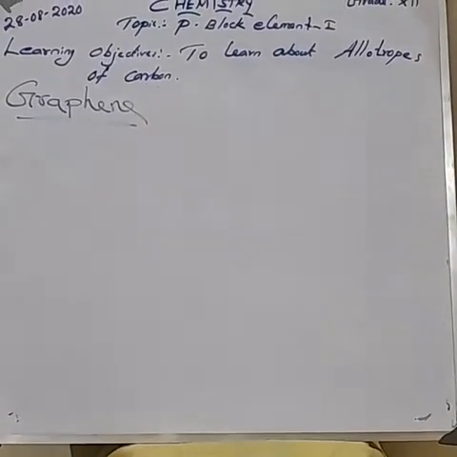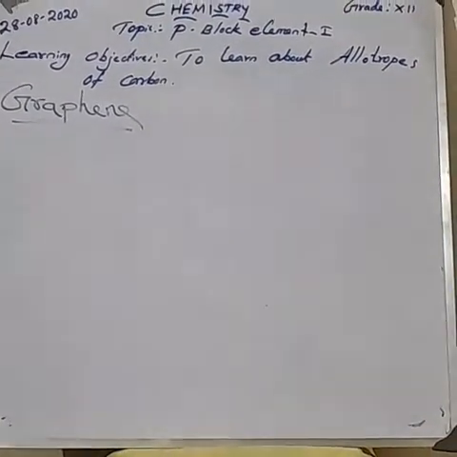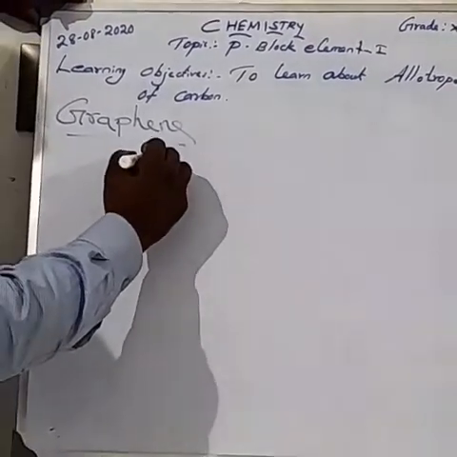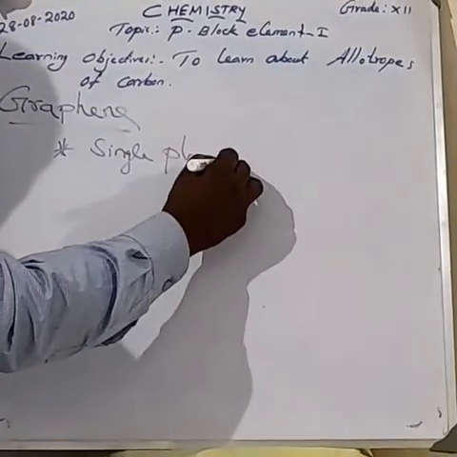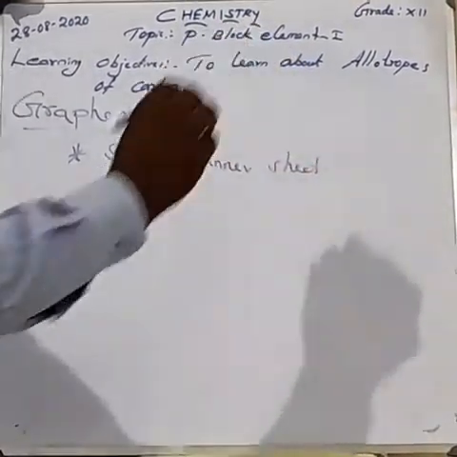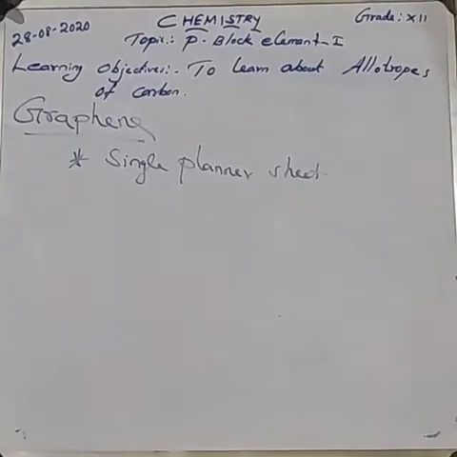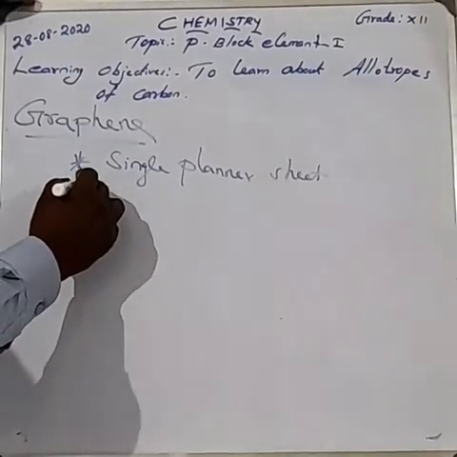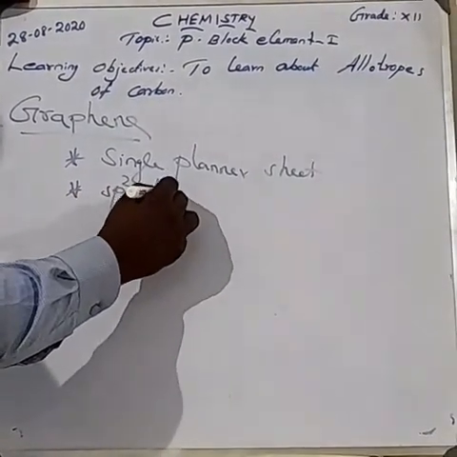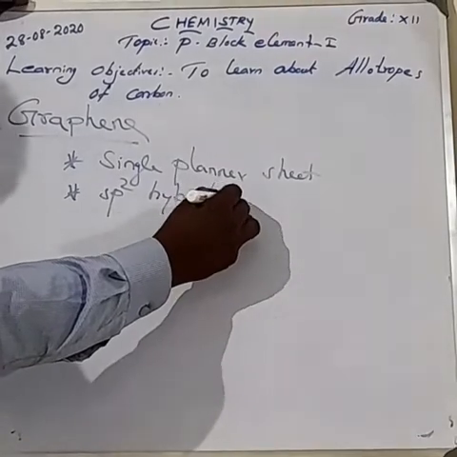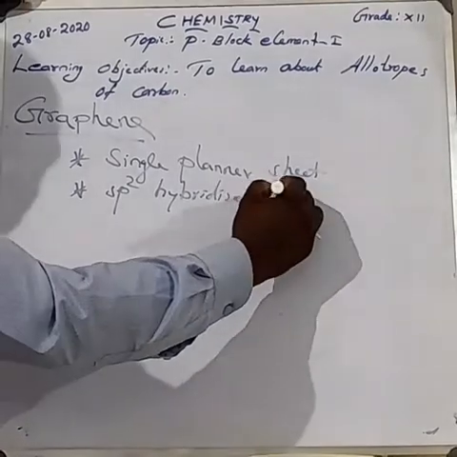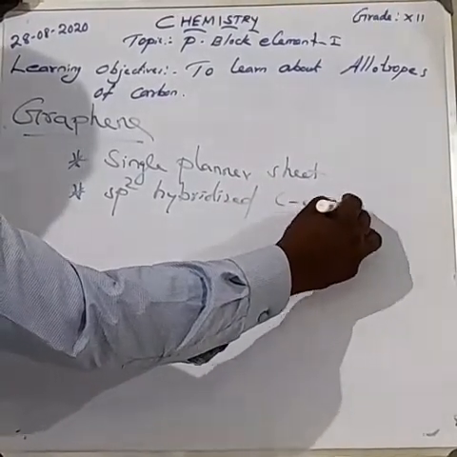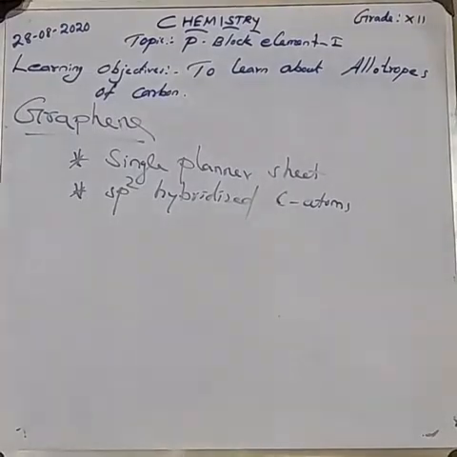Graphene. It has a single planar sheet of sp2 hybridized carbon atoms.